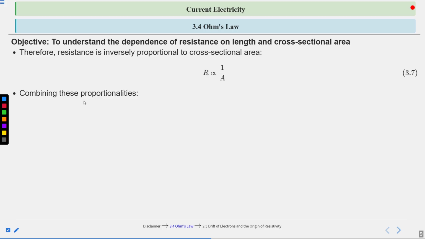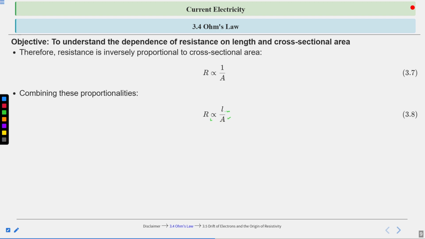Now, combining these proportionalities: firstly, we discussed the dependence of resistance on length, and we came to know R is directly proportional to L. Now we discussed the dependence on cross-sectional area, R proportional to 1 by A. Combining both, we get R proportional to L by A. R is directly proportional to L, and R is inversely proportional to A.